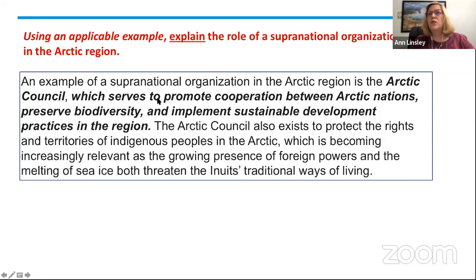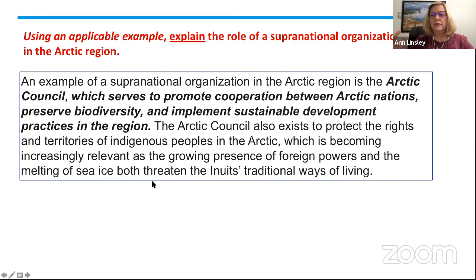Okay, so an example of a supranational organization in the Arctic region is the Arctic Council, which, and here is its role, serves to promote cooperation between Arctic nations, preserve biodiversity, and implement sustainable development practices in the region. That's exactly what we gave you when we went over this, maybe 2 weeks ago, okay? There are 3 different supranational organizations that you could have cited here.